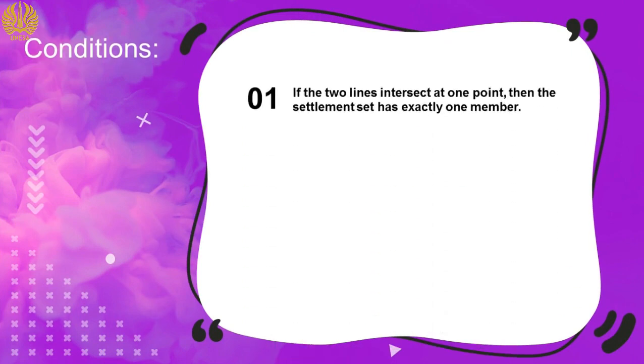Now, the two variable linear equation system has three conditions. The first one is if the two lines intersect at one point, then the settlement set has exactly one member. So if we have two equations and the two equations make straight lines that have an intersection at one point, then the settlement set has exactly one member.